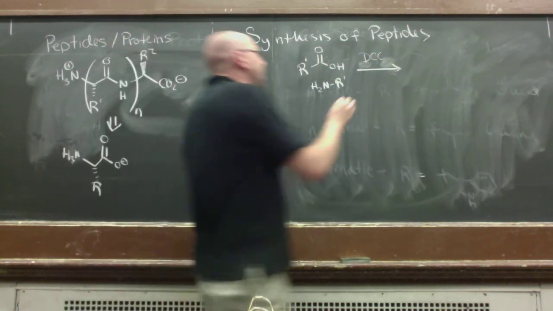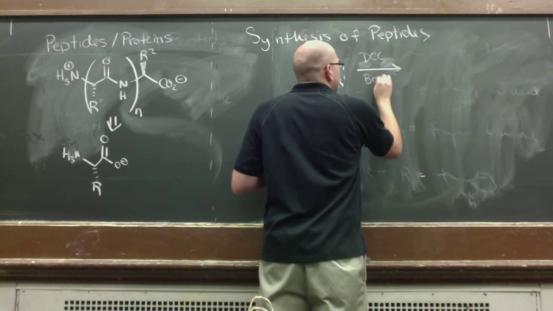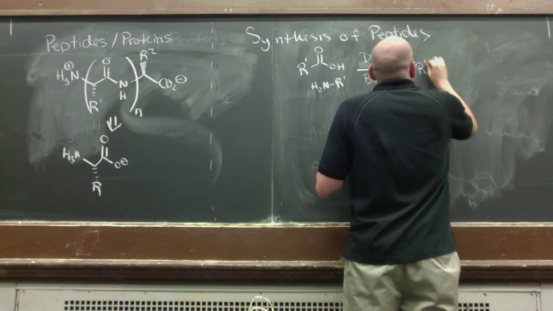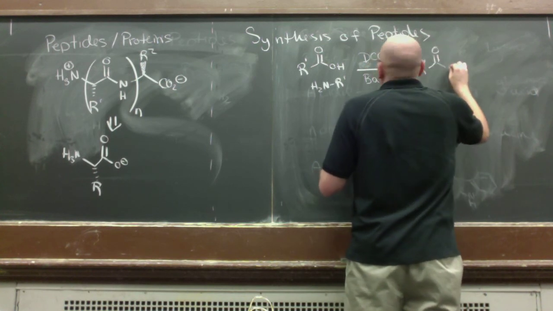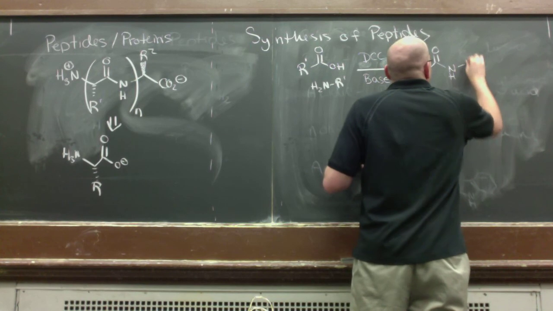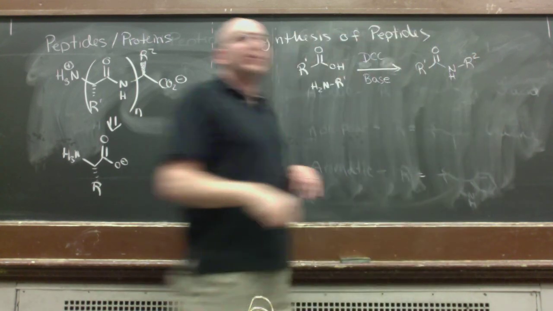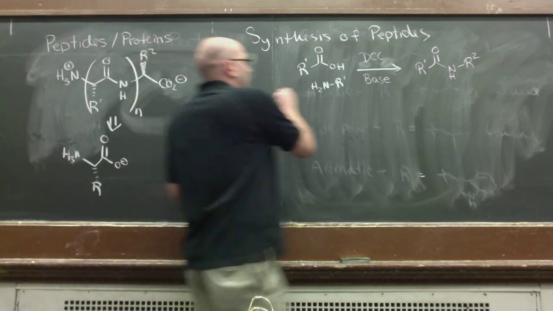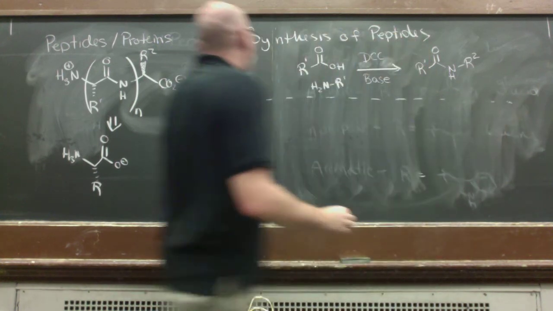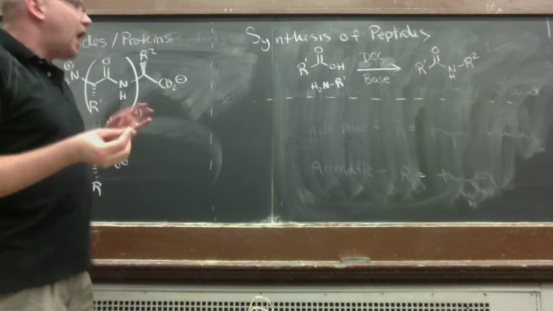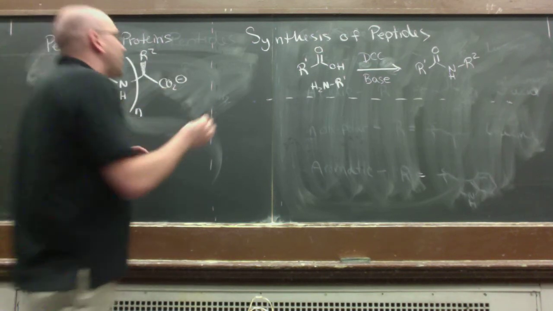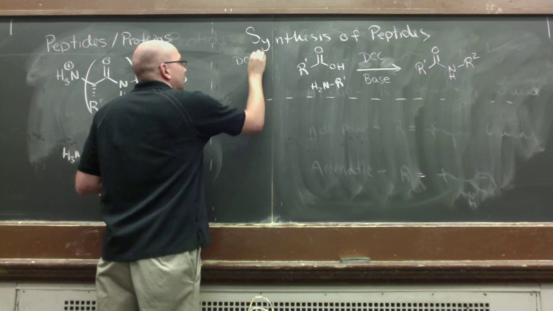In the presence of a base, usually something like triethylamine, you can make that peptide bond. This chemistry was developed in particular for peptide coupling, but it certainly works with a lot of amide bond-forming reactions. We do this chemistry in our lab, and I think pretty much every synthetic chemist has run this type of reaction at some point in their lives.